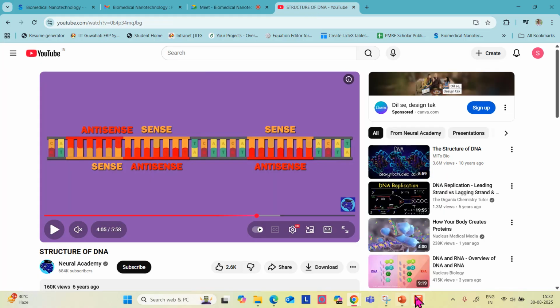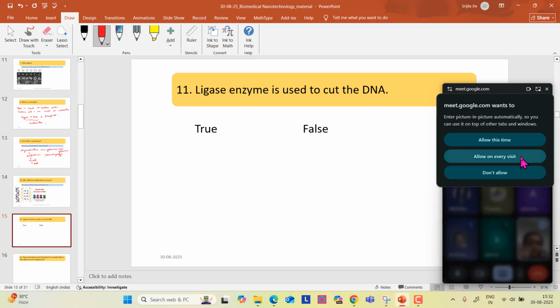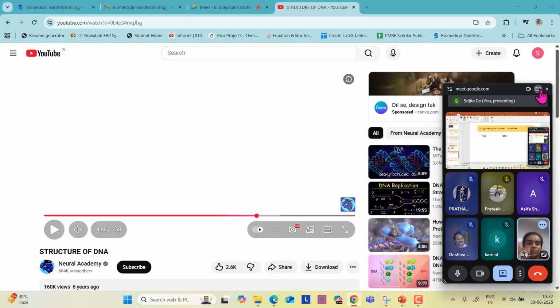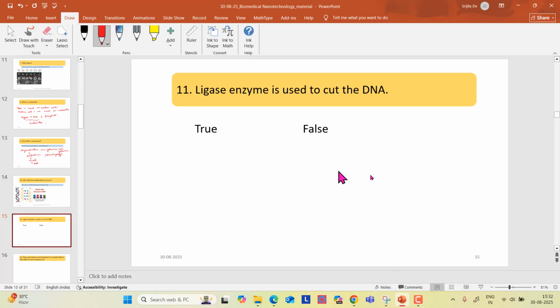Yes, it is false. Ligase is used to join. Ligase basically joins the DNA, right?